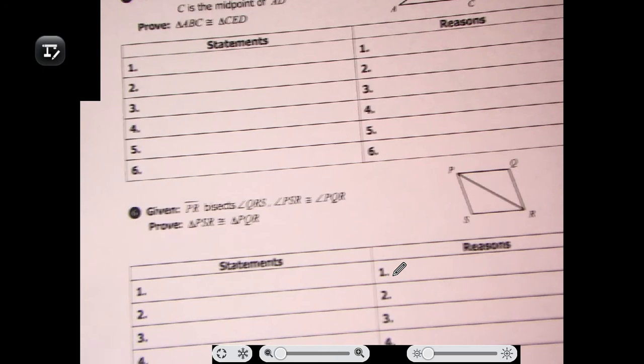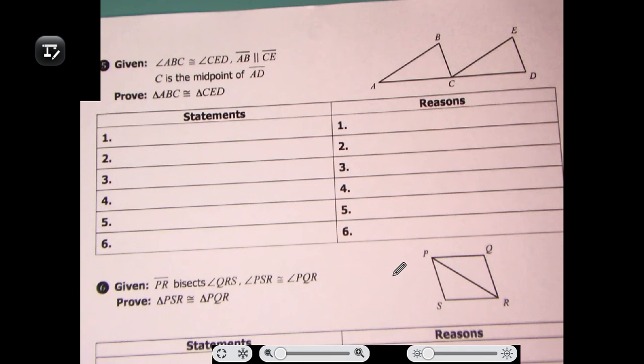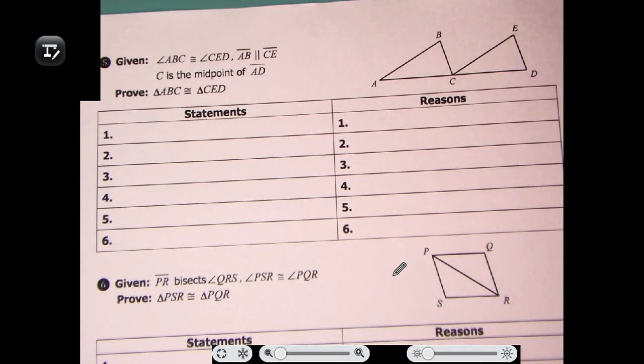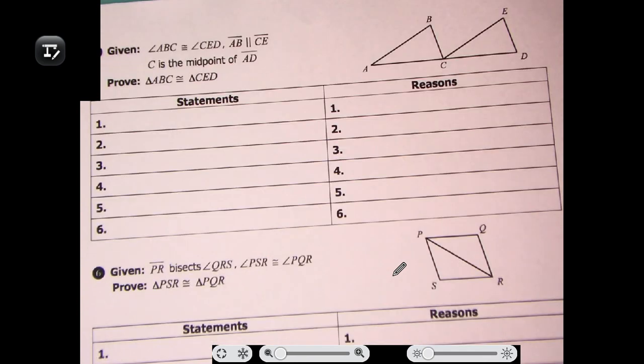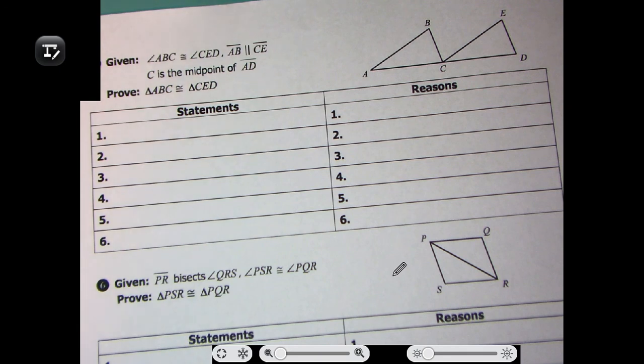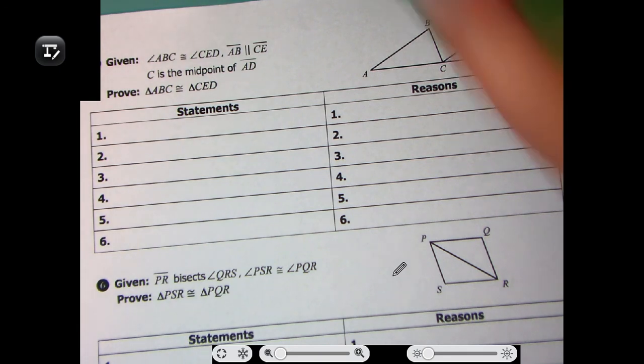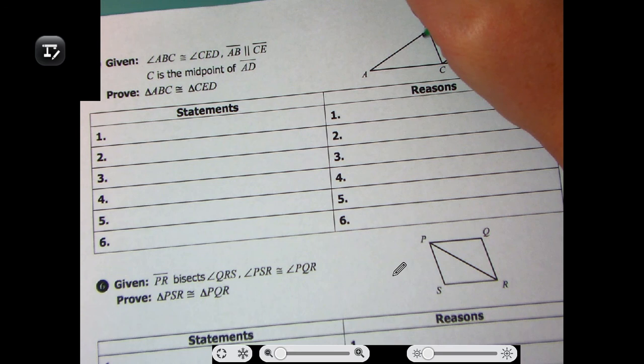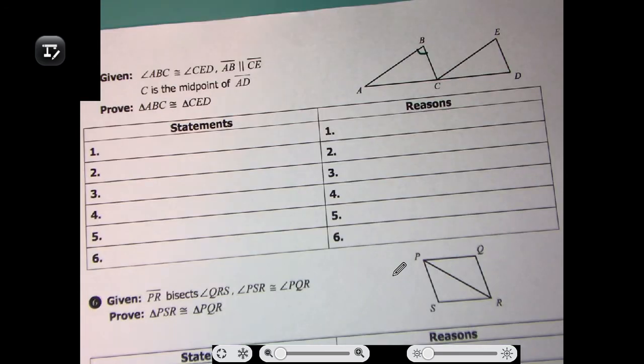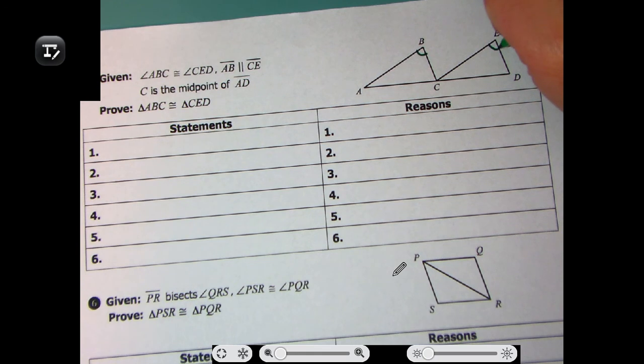All right, I'm going to go ahead to the next one. We've got 3 proofs here. Number 5 involves parallel lines. Let's see if we can get this one going. Given angle ABC is congruent to angle CED.